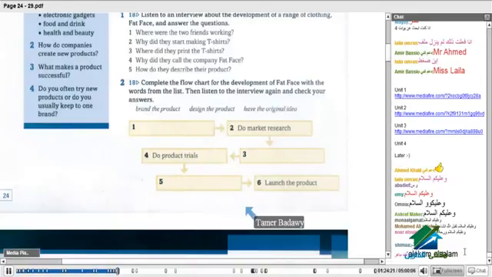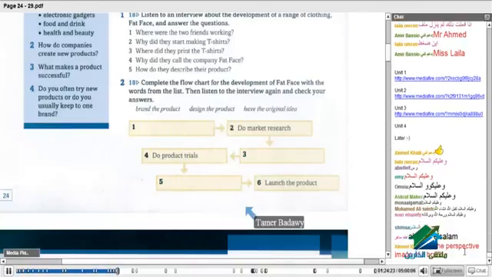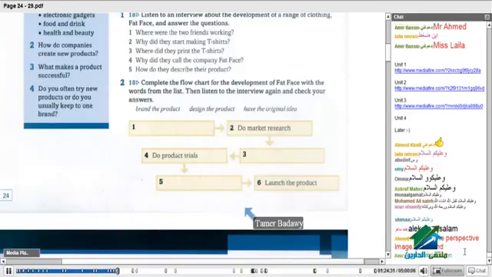So if you want to make good branding for a product, you can say it is the perceived image of a brand. This is a good answer. So the name itself of your product is very important.